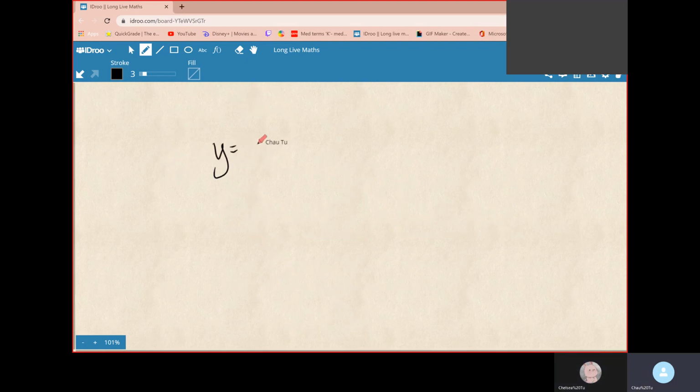Okay, how do you differentiate this? y equals sine x cos x. How do you differentiate it?